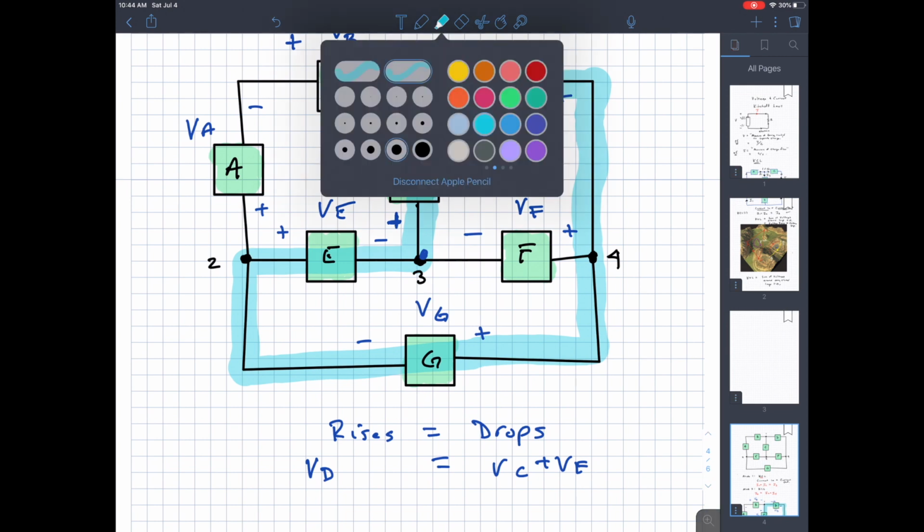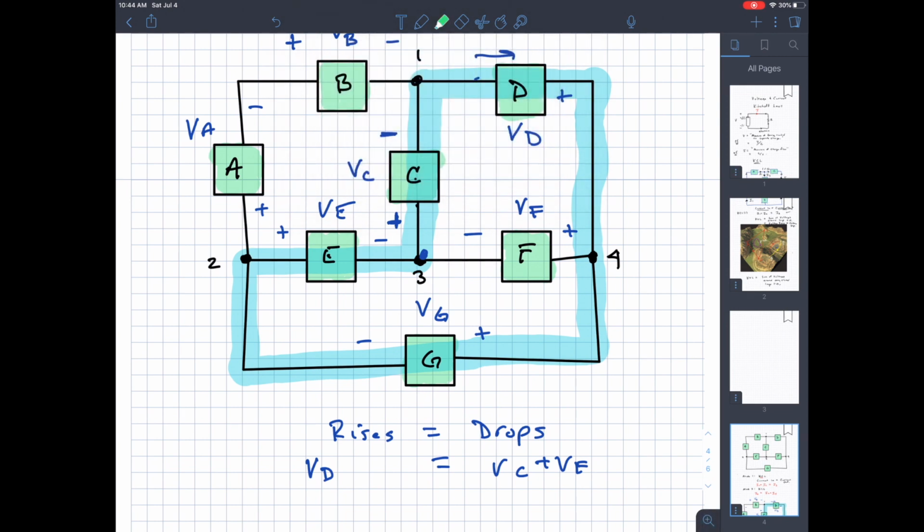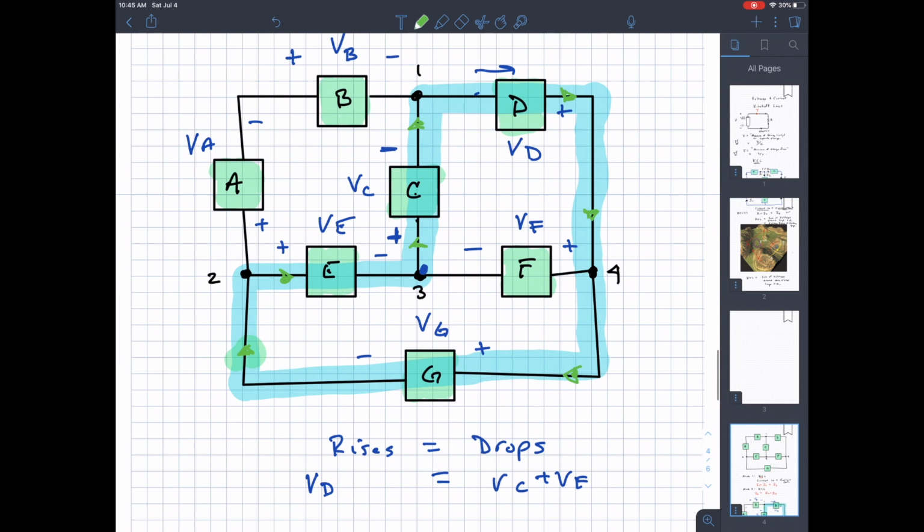Now I could start right here and move this way around the loop. When you go through the loop, you have to have a direction. That's the definition of a loop, I suppose. So we're going to move this way, and we're going to write a KVL equation around this turquoise blue loop.